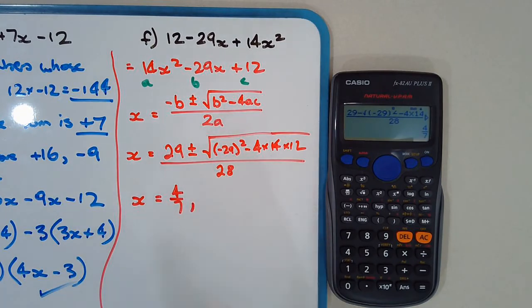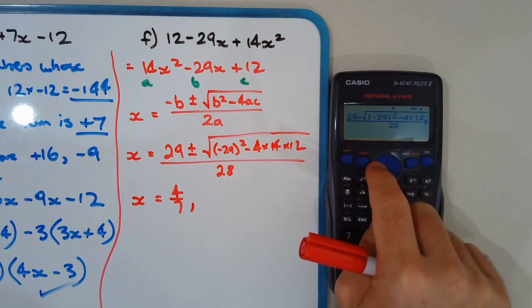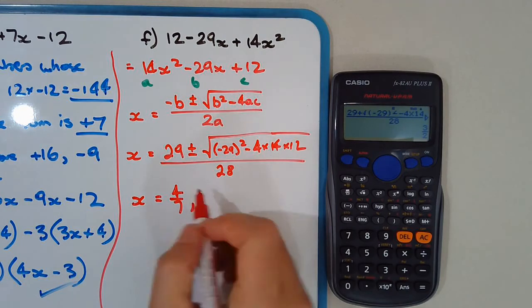And the other value that we need, you'll get two of them. I change that minus into a plus, and we get 3 on 2. Very nice.